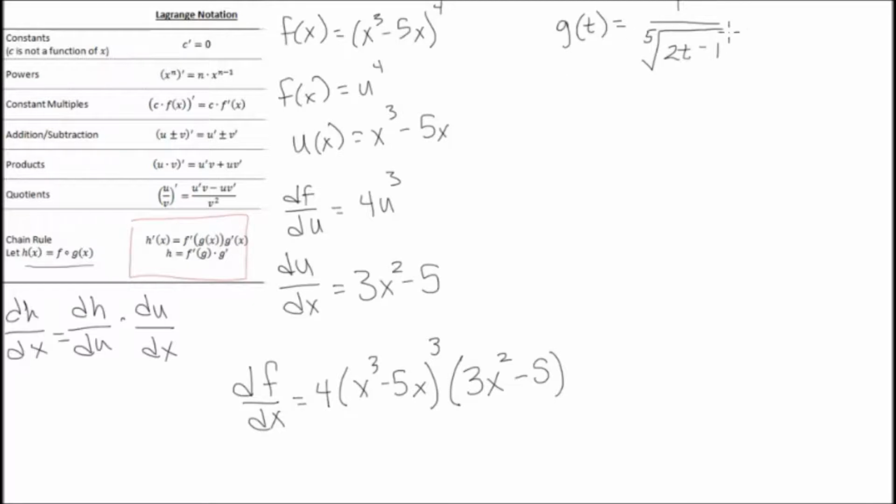On this second one, I'm going to start off just by rewriting this as 2t minus 1 raised to the negative 1/5 power.